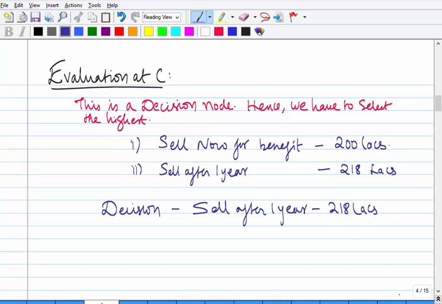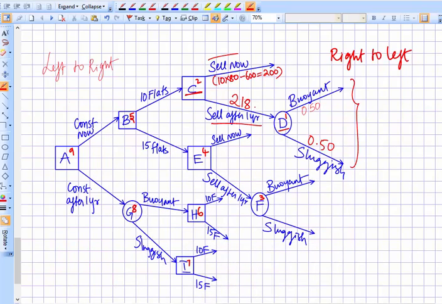When we evaluated at C, the decision we have taken is to sell after 1 year, so that we get a net benefit of 218 lakhs. So this is our conclusion. If we are going to construct 10 flats, we will not sell it now, we'll sell it after 1 year, so that we get a net benefit of 218.